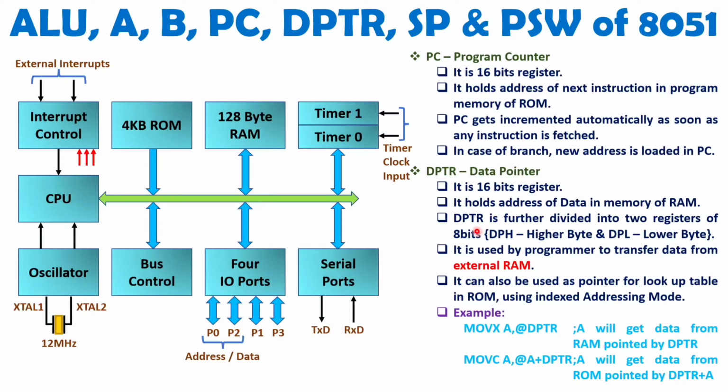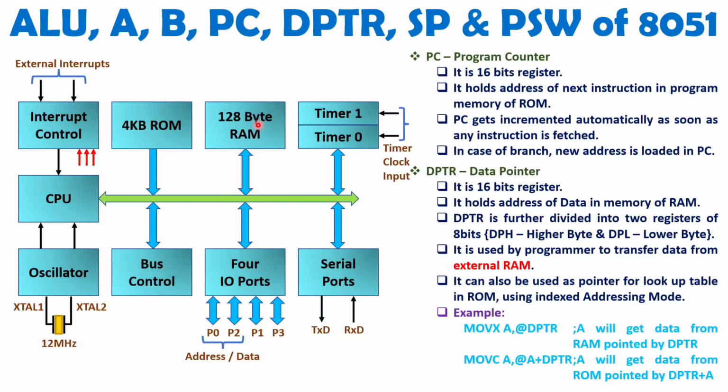So here the DPTR holds addresses of RAM memory, right? Here you will observe it is further divided into two parts: DPH means the higher byte of DPTR and DPL means the lower byte of DPTR. This DPTR is of 16 bits. What does it mean? It is not pointing to internal RAM.